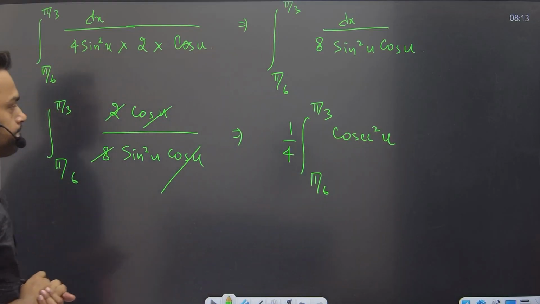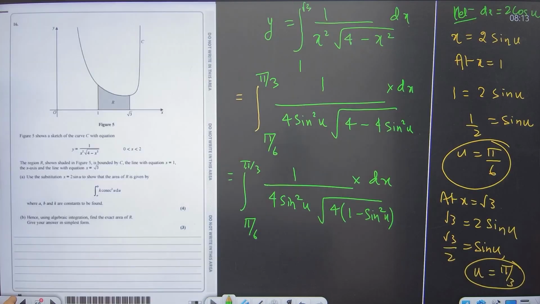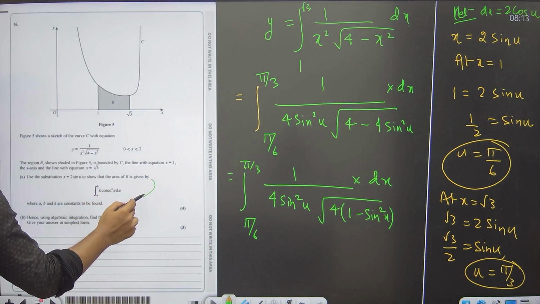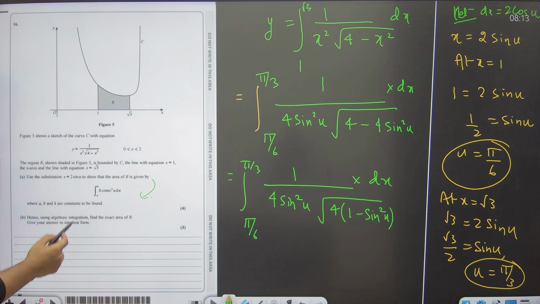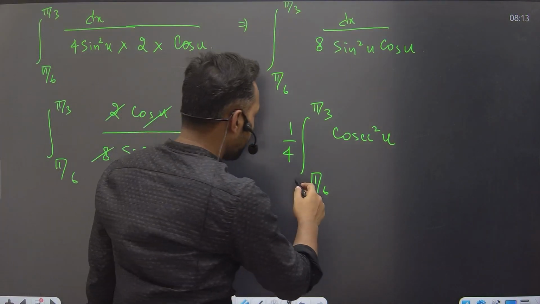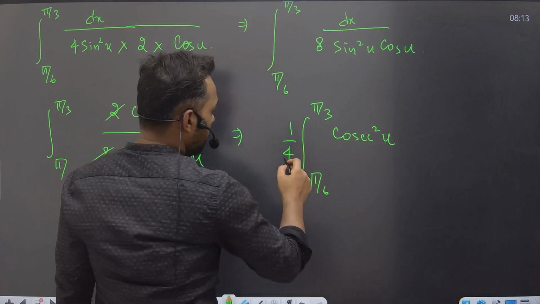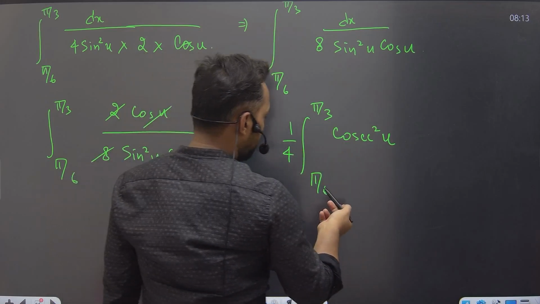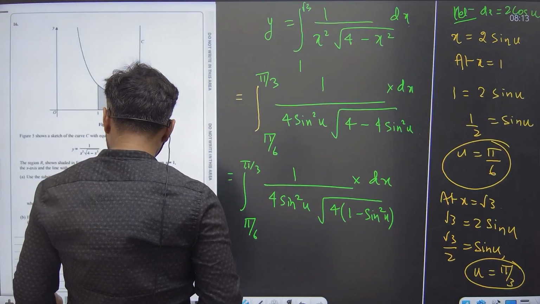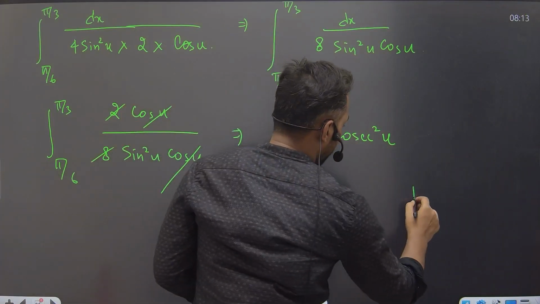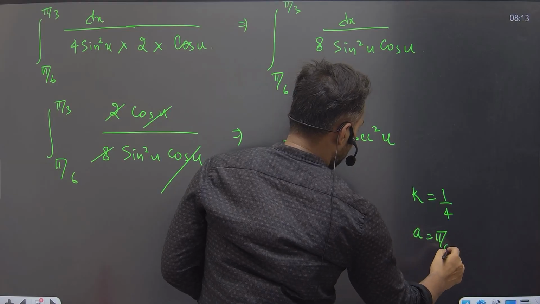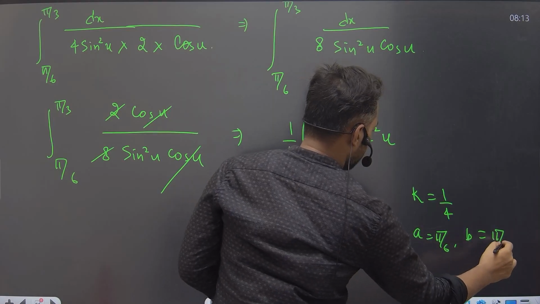They have asked in the question whether it could be mentioned in this format. So we can mention it, and we have found what the k will be here. K is 1 by 4, comparing with the given equation in the question. The lower limit is pi by 6 and the upper limit is pi by 3.